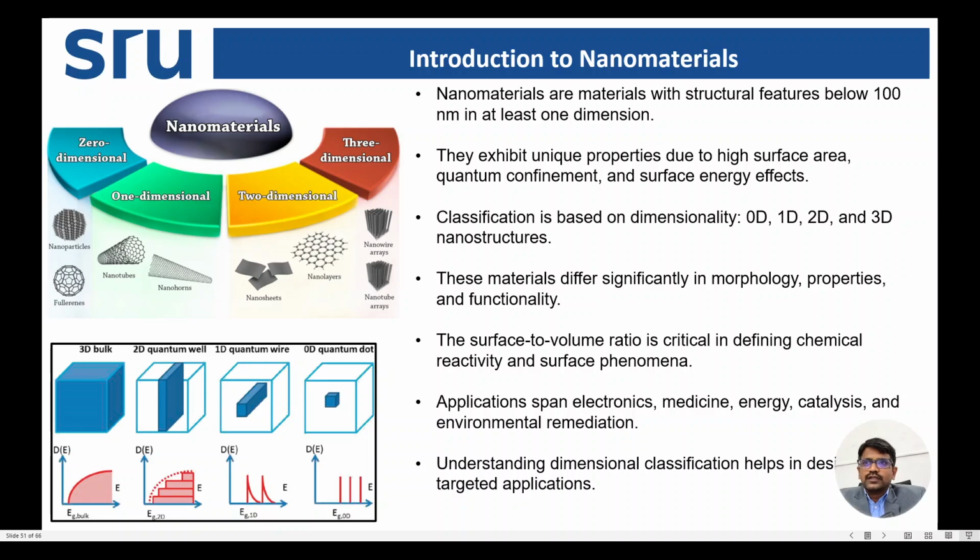So how does this quantum confinement work? Because of quantum confinement in nanomaterials, we can see quantized energy levels, and as the size of the nanomaterial decreases, the band gap will increase.